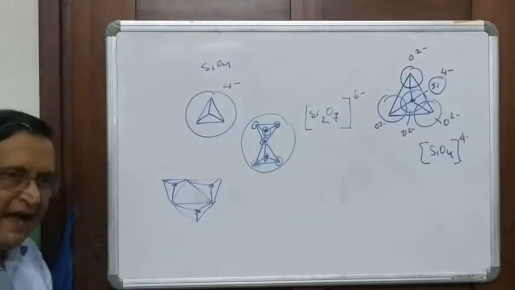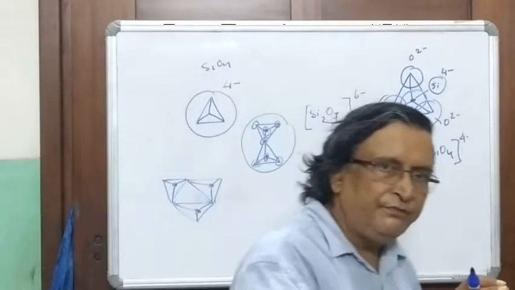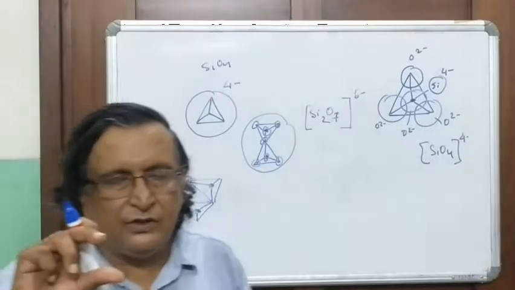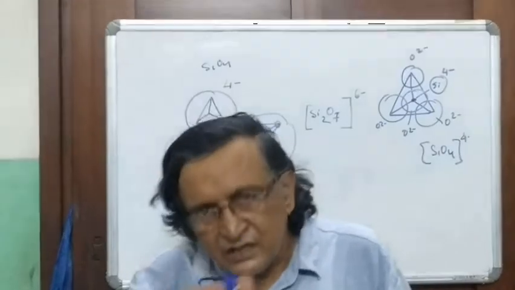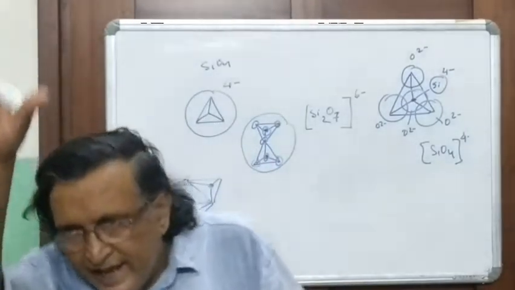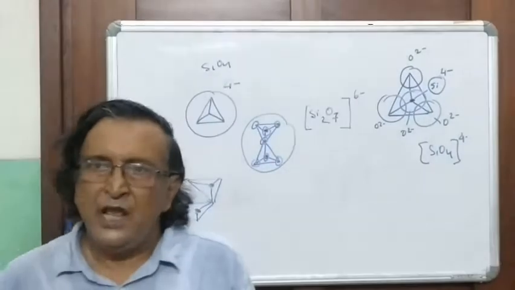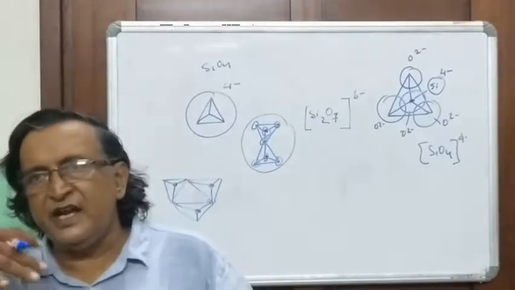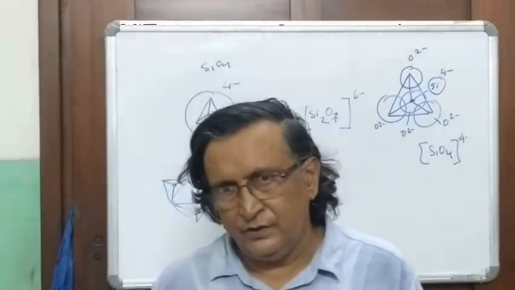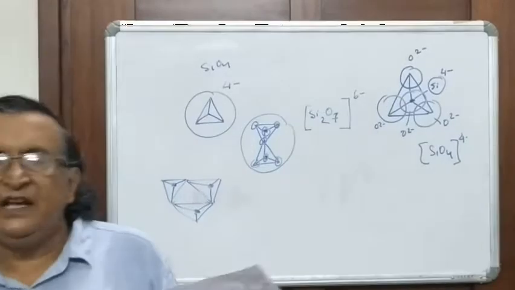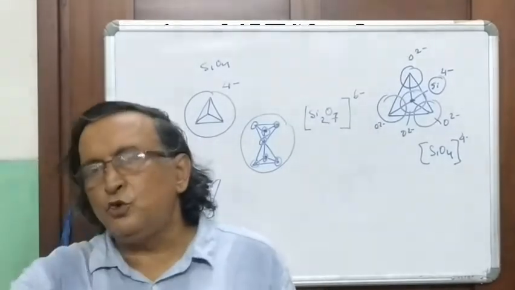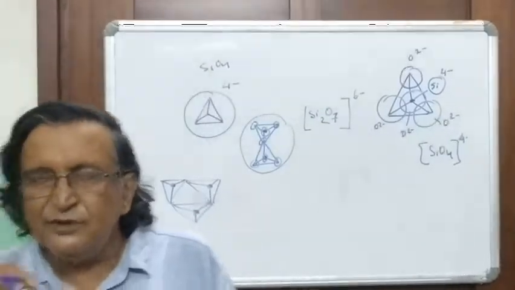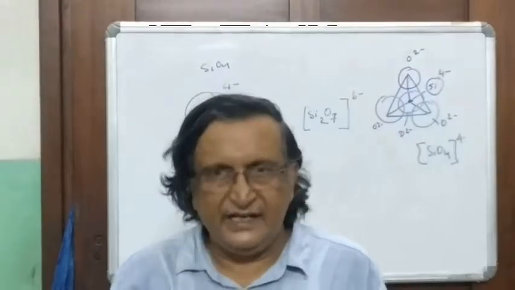So you can have isolated tetrahedron, shared tetrahedron, cyclical tetrahedron, a chain of tetrahedron, and a 3-dimensional network of SiO4 tetrahedron. It's a structure.